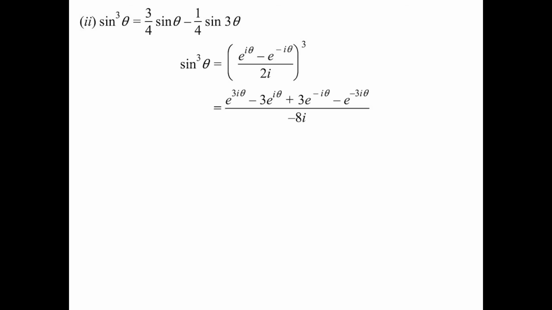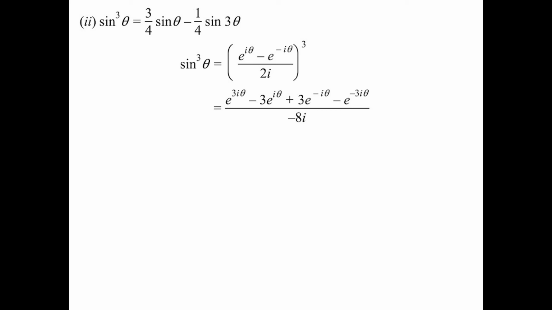What about this one? You might recall we ended up showing this one in our earlier theory. So sin cubed θ is 3/4 sin θ minus 1/4 sin 3θ. Well, sin cubed θ, that would be e to the iθ minus e to the minus iθ over 2i, cubed. So if I cube that, the bottom becomes minus 8i.